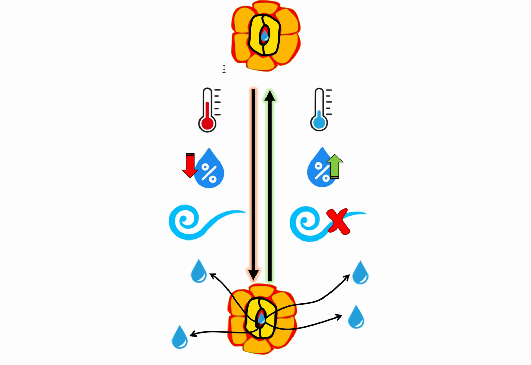And you can see these conditions on this side increase transpiration, makes the plant sweat more. In this picture, more water is leaving. So warm temperature, a high temperature, low humidity, and windiness. All these three will increase transpiration. So the exact opposite things will decrease transpiration.